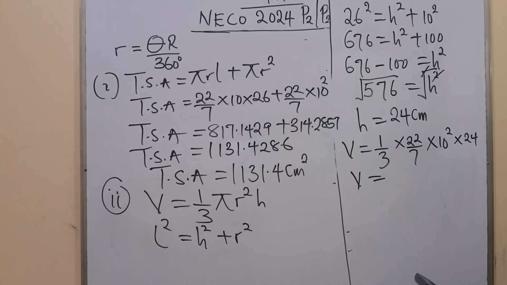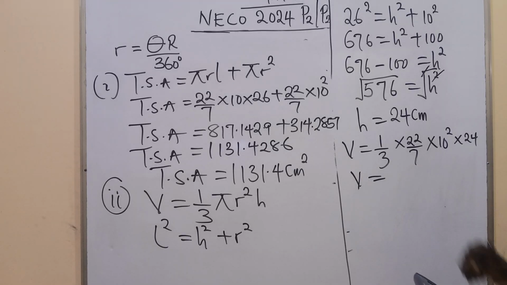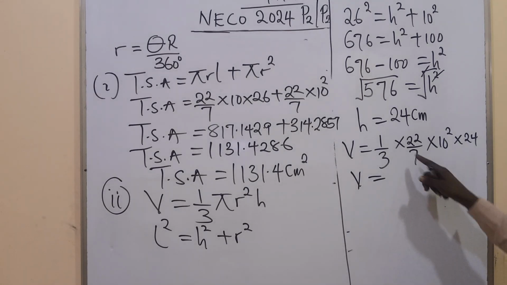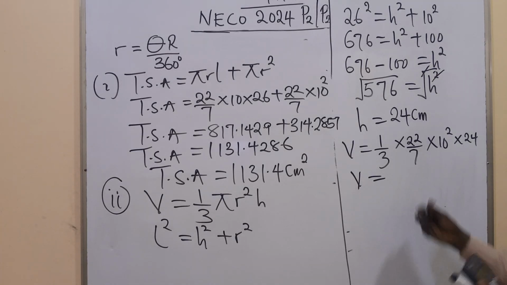That will be 22 times 100 times 24 divided by 3 times 7 is 21. Okay, let's do it again. We have 22 times 100 times 24 divided by 21.